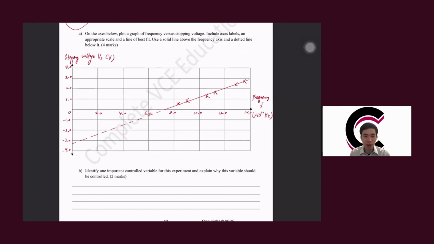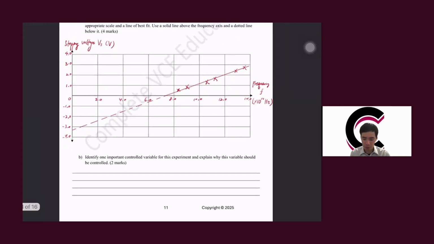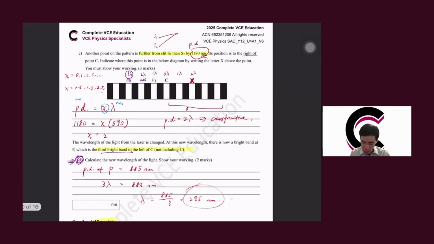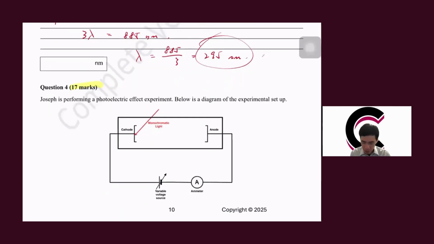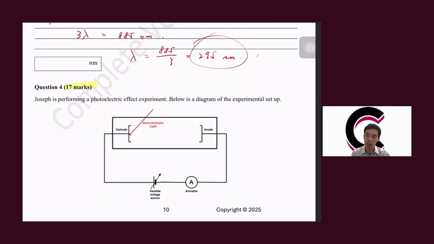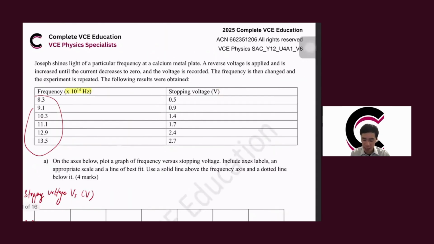Part B, identify one important control variable for the experiment and explain why this variable should be controlled. Okay, so in here, we do the experiment. Look, we are changing the frequency, and hence the stopping voltage is changing.